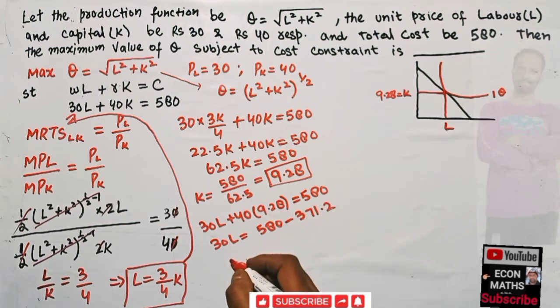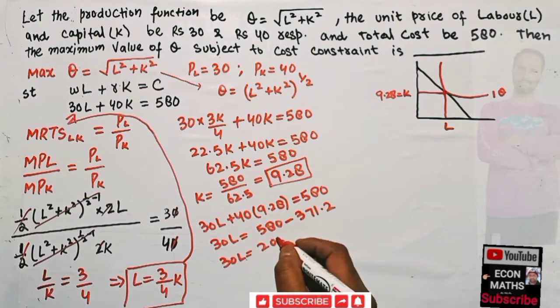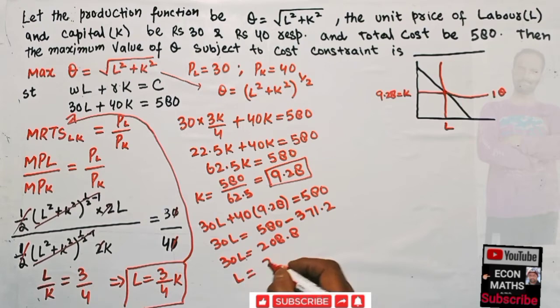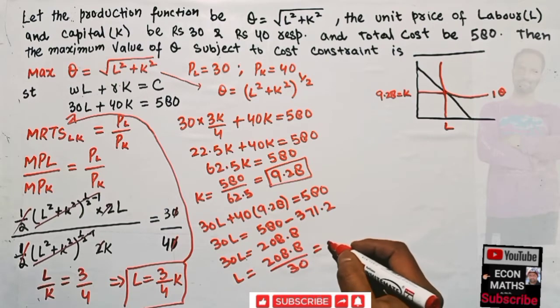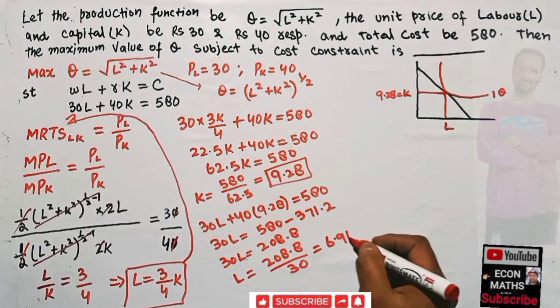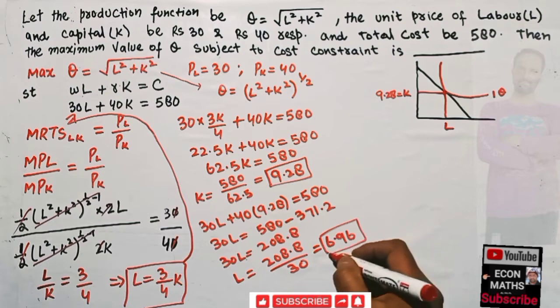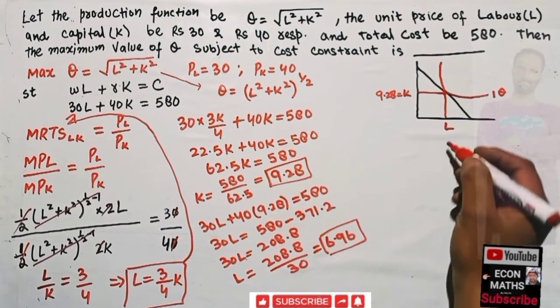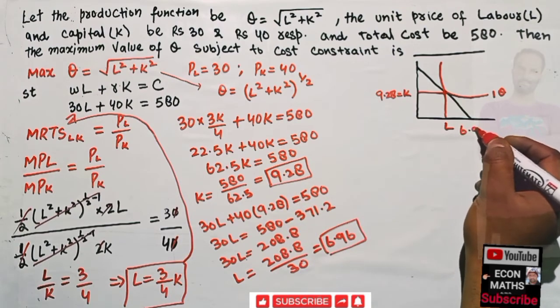That means 30L is equal to 208.8, or L is equal to 208.8 divided by 30, which gives us the optimal value of L as 6.96. Okay, so we got the optimal value of K and the optimal value of L, which is 6.96.